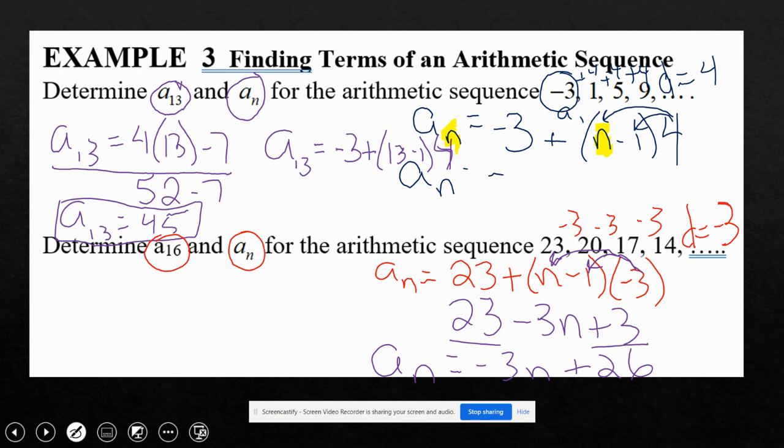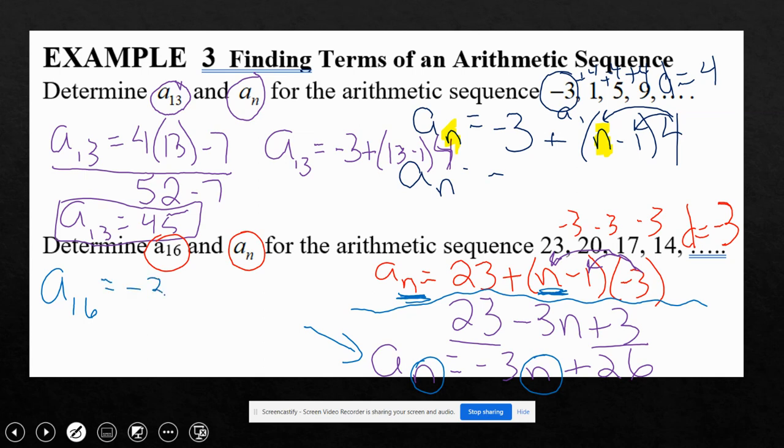Now they're asking us for the 16th term. And again, we can plug 16 in for our n values in this equation right here, or we can plug 16 into our n values in the general equation that we just made. I'm going to plug it into our general equation. For the 16th term, n is changing to 16.